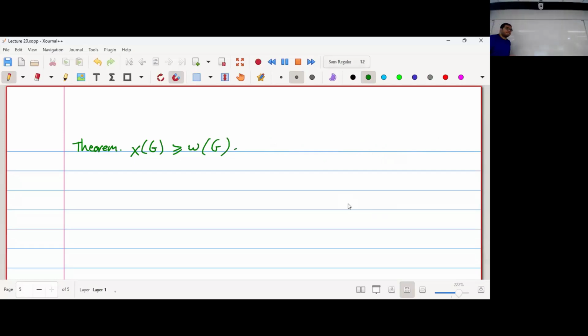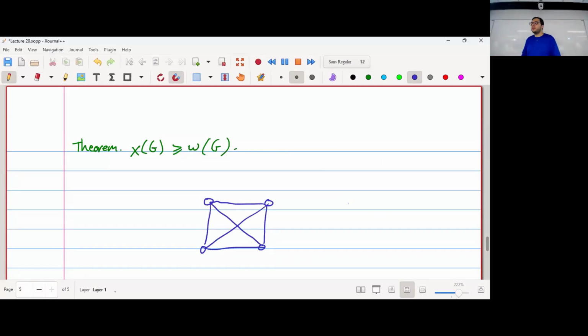This is kind of obvious, right? So let's say I have, for example, a clique of size 4. So that means that I have 4 vertices, and every 2 of them are connected to each other. Okay. And I want to color this graph, let's say.